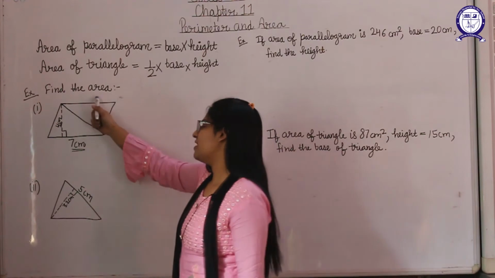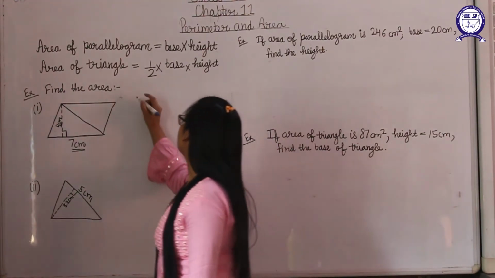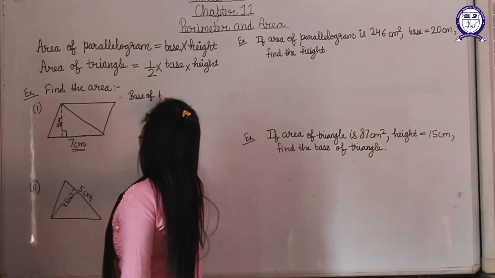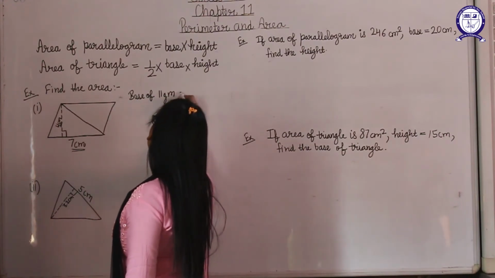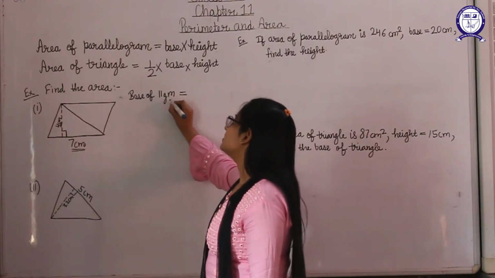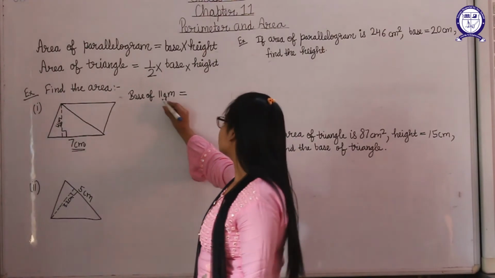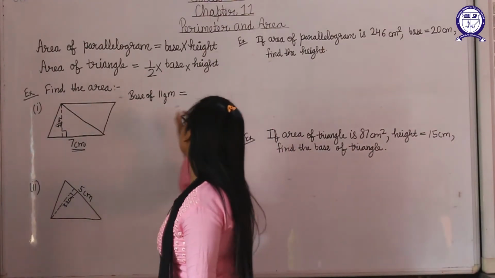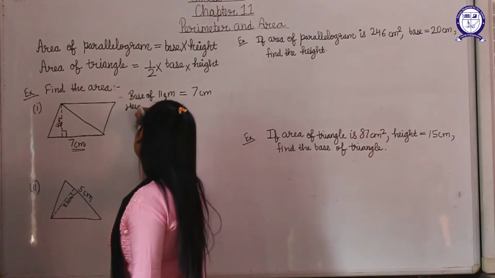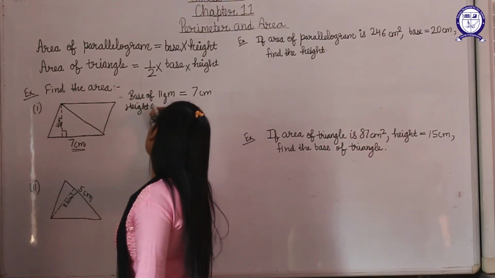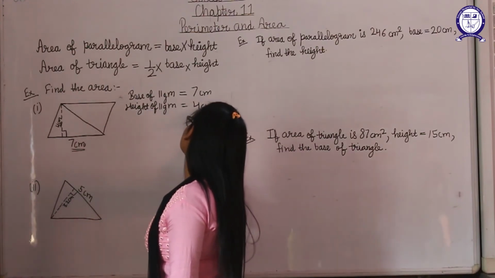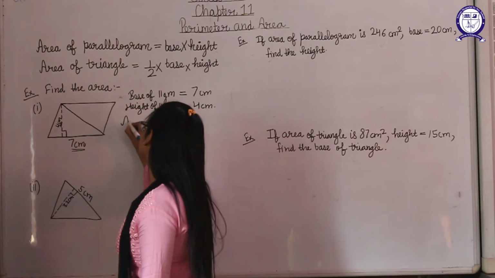As we have to find the area of this parallelogram, we know the base of the parallelogram. Students, we can use the parallel lines and then the symbol, that's the symbol for parallelogram. So the base of the parallelogram is given to us as 7 centimeter. The height of the parallelogram is equal to 4 centimeter. Now we have to find the area.